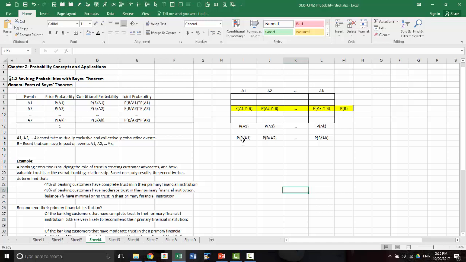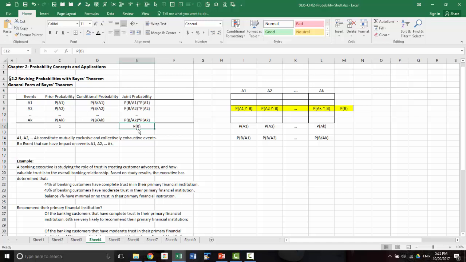So we have probability of B given A1, probability of A2, and so on. When you multiply these two, you get that intersection. Now B has intersected with this mutually exclusive, collectively exhaustive set, so you have all possibilities of B. When you add all of this, you get probability of B.